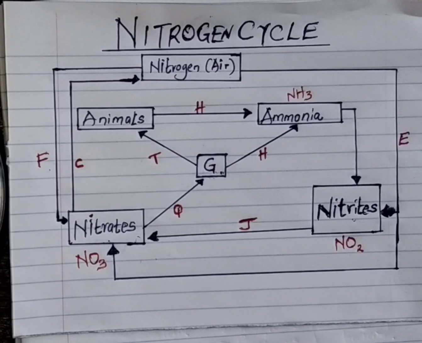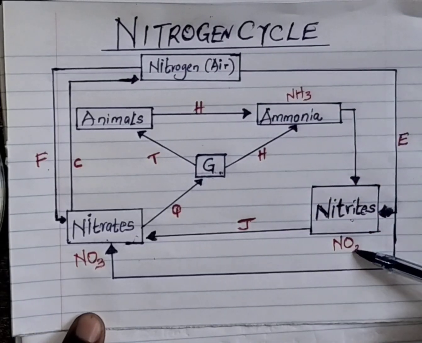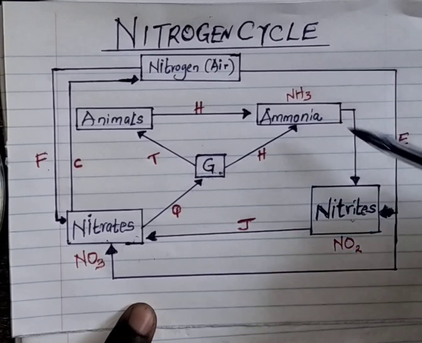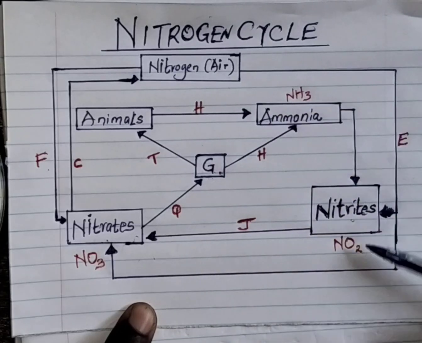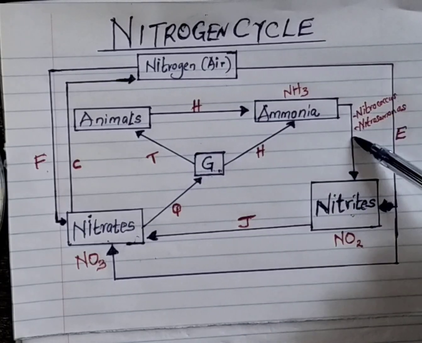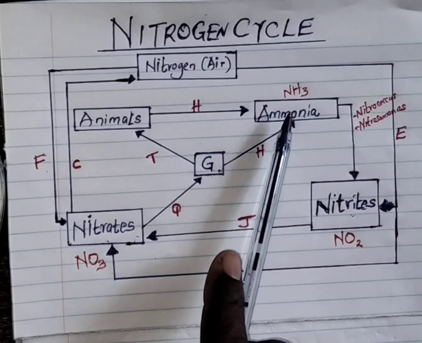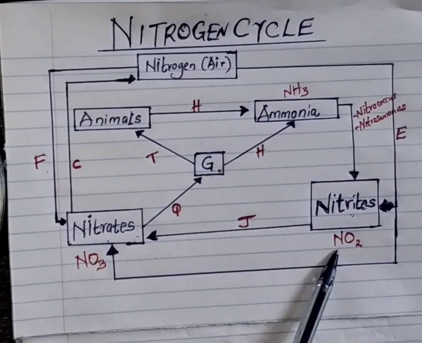After doing the questions that we had in that flowchart, I feel like I should add two things as I had promised you. The process where ammonia is oxidized to nitrites, there are organisms there. We have two bacteria that will be responsible for the conversion of ammonia to nitrites, and they are Nitrococcus and Nitrosomonas.